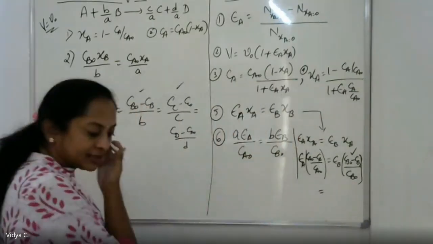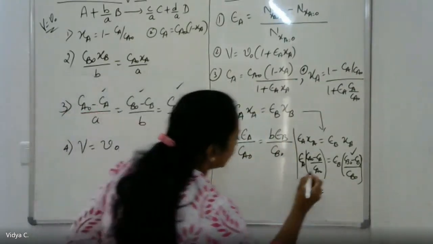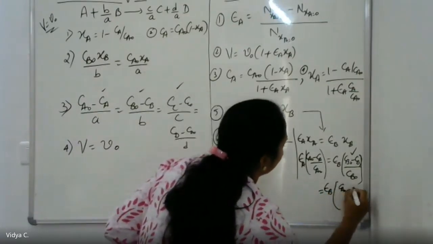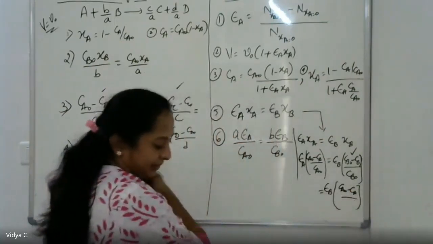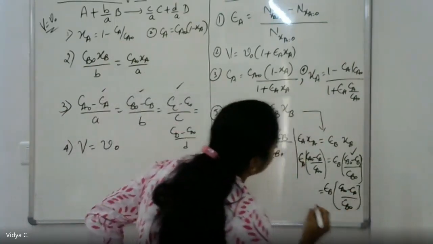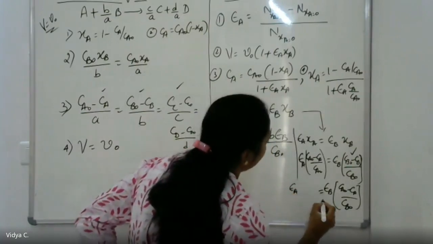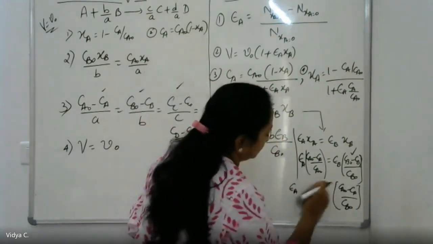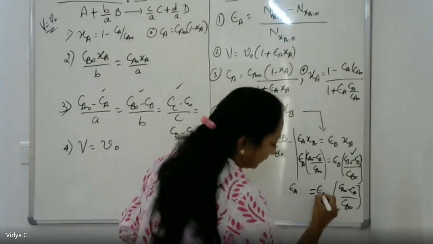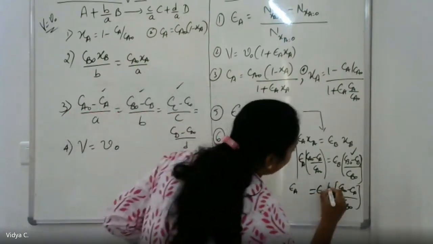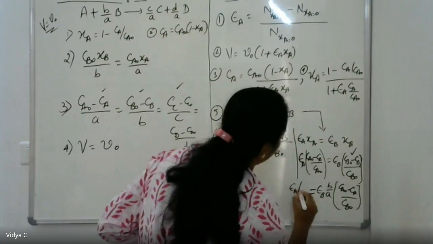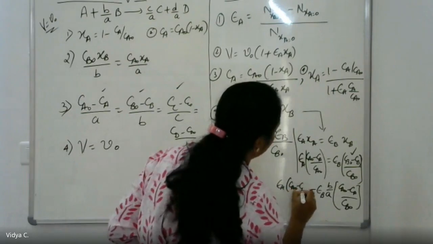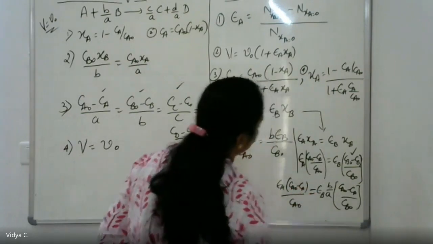This CB naught minus CB by CB naught will be written as epsilon B into B by A times epsilon A into CA naught minus CA by CA naught. Okay.